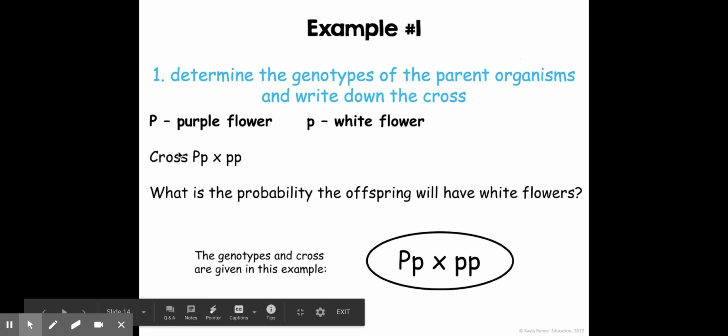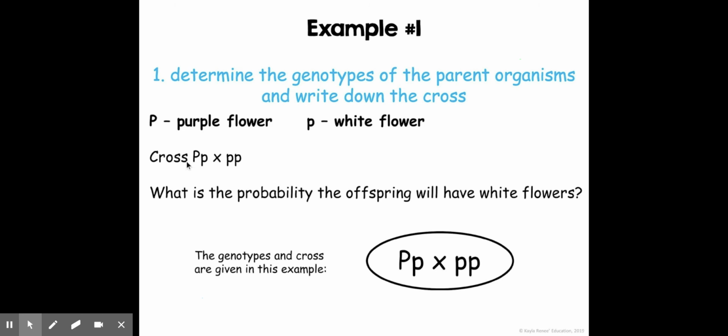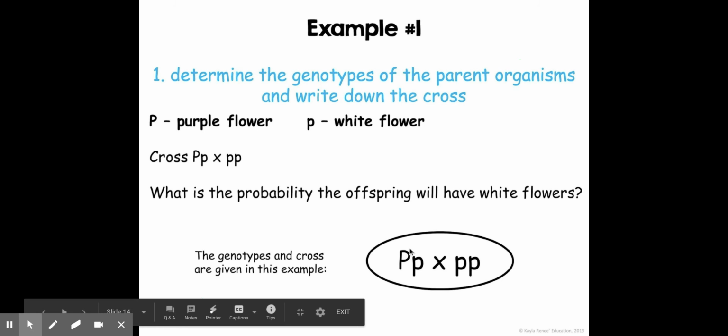So this is what the cross is going to look like. We're going to have mom with our capital P lowercase p, so our heterozygous genotype. And we're going to have dad with our homozygous recessive, so two lowercase p's. This is all you have to do for step 1, is write down this cross.